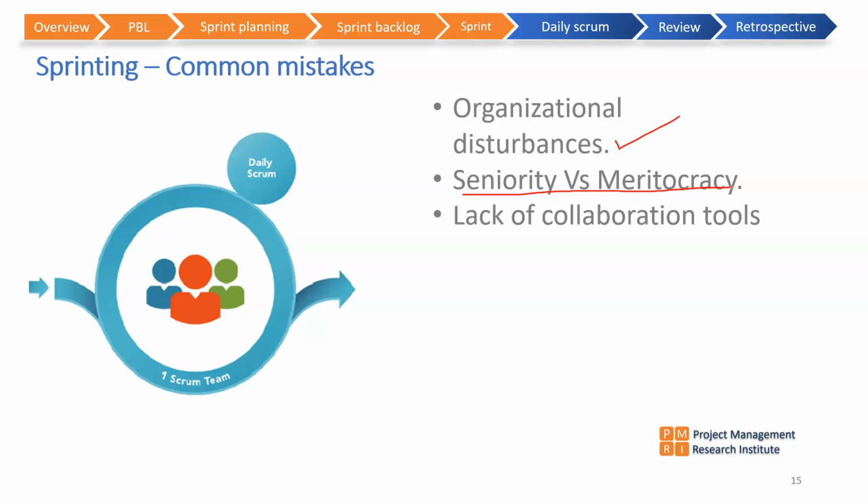So there must be a proper balance between seniority versus meritocracy. And when people work in a distributed team, if there are not many collaboration tools, that becomes a challenge. So there should be excellent collaboration tools, especially when people work from home and they are working on Scrum teams.